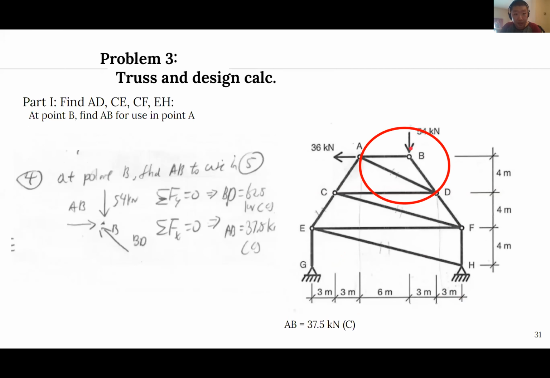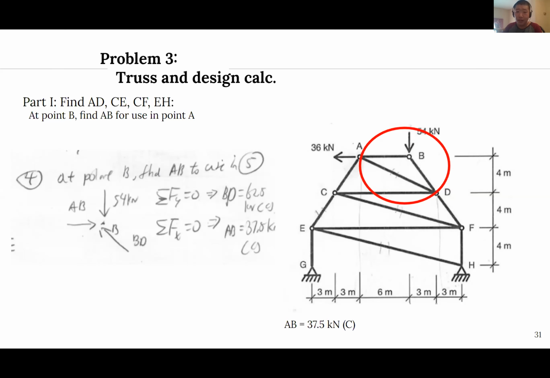Then looking at point B, you want to find out what the member force of AB is, so that you can use it in point A to find out what member force AD specifically is. There are three forces: the one going horizontal at AB, the one going diagonal towards the top left called BD, and a 54 kilonewtons force going down.